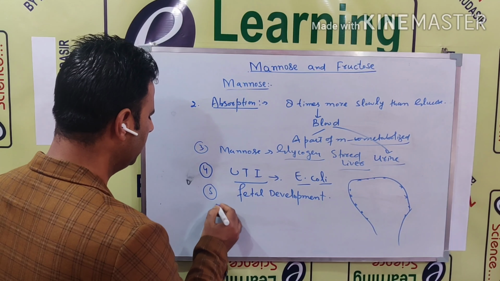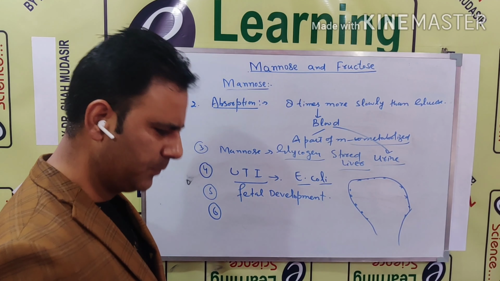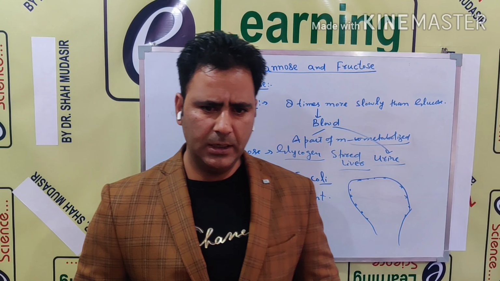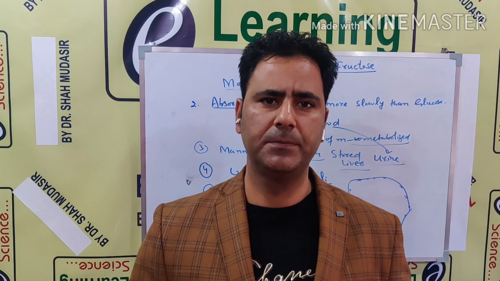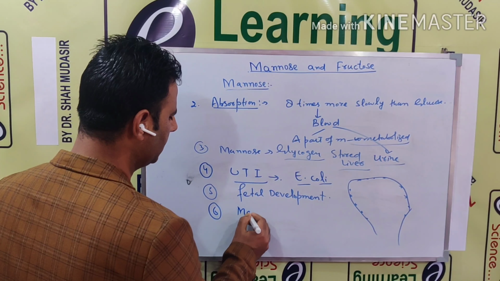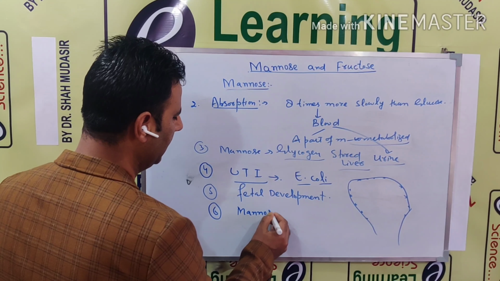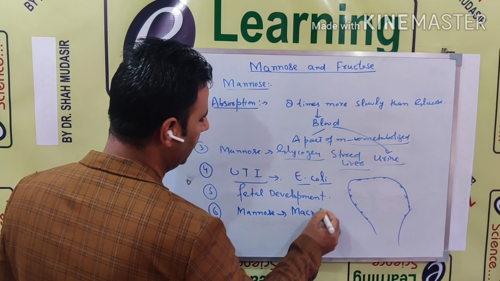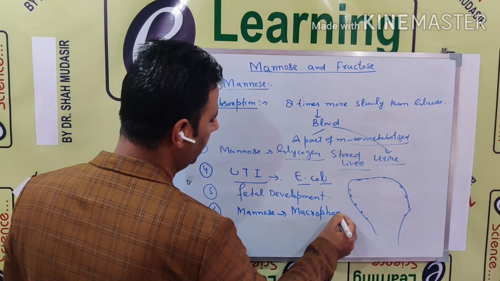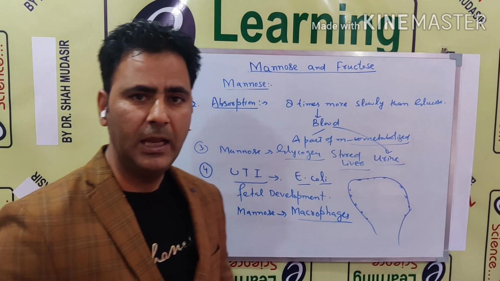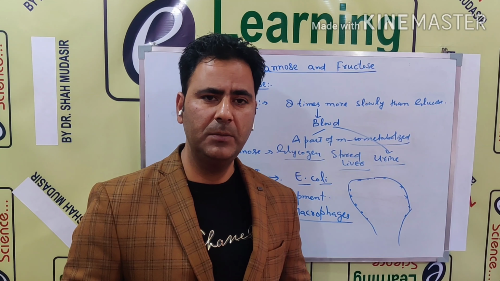One more function which mannose possesses is that it has some role in inflammation, because it is believed that the sugar mannose can activate macrophages, which have some role in inflammation.